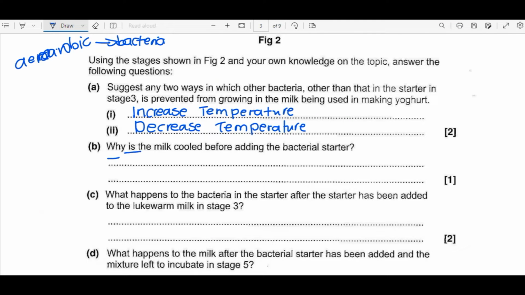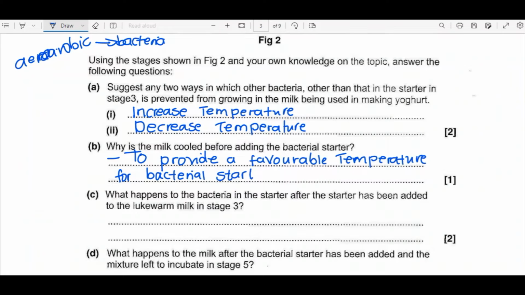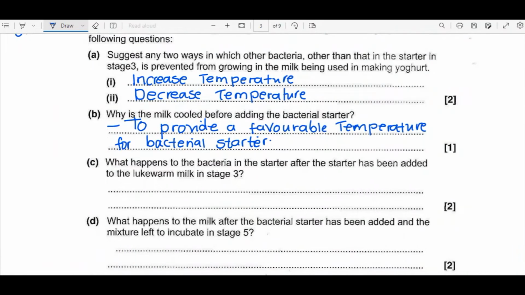So we can say, to provide a favorable temperature for the bacterial starter, so that they can start the process of anaerobic respiration.